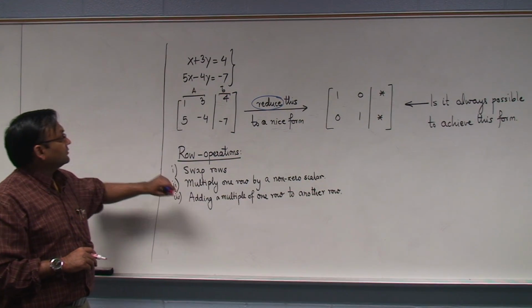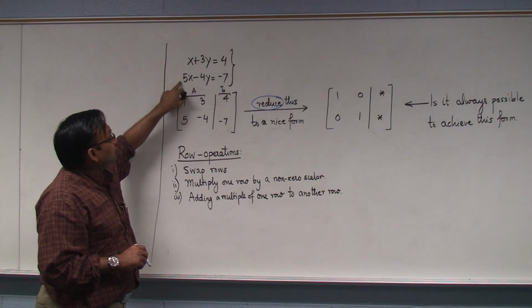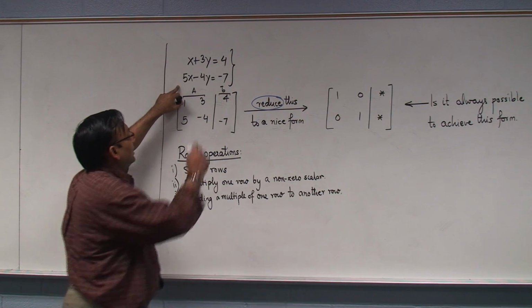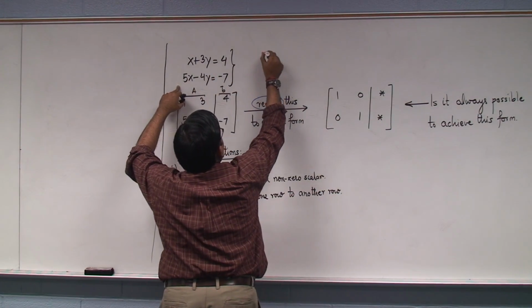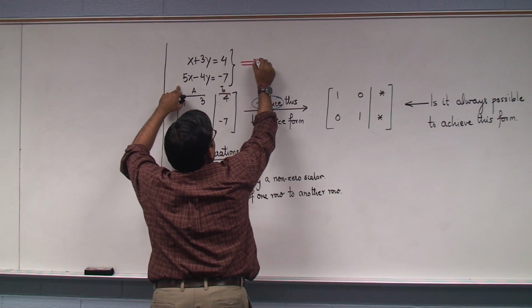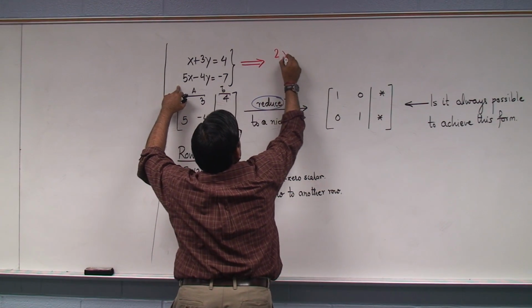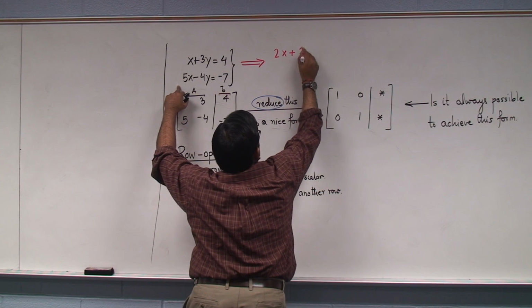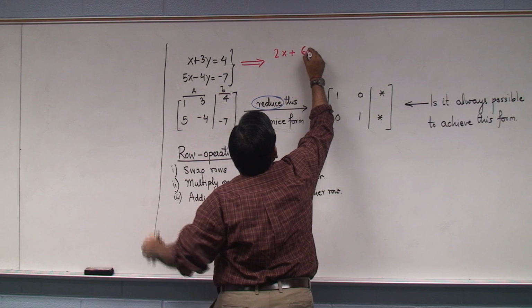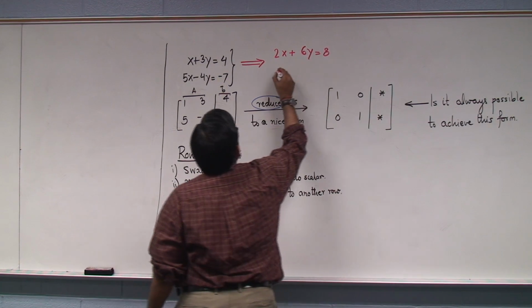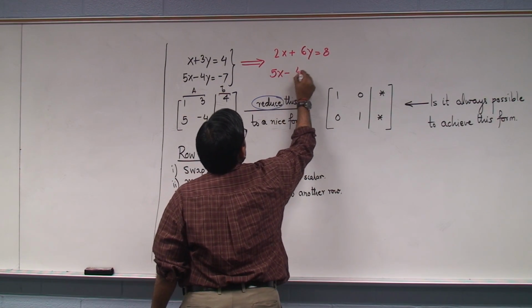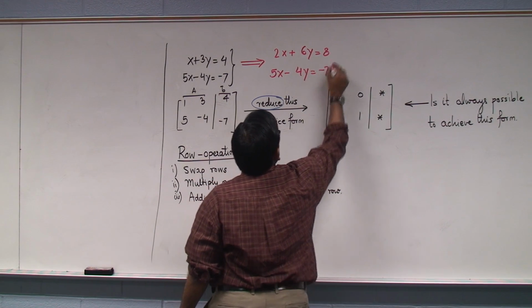What it means is, what if I take one of these equations, whichever one we like, and multiply it by a non-zero scalar? Say for example, if I multiply the first equation by 2, so I get 2x plus 6y is equal to 8, and 5x minus 4y is equal to minus 7.